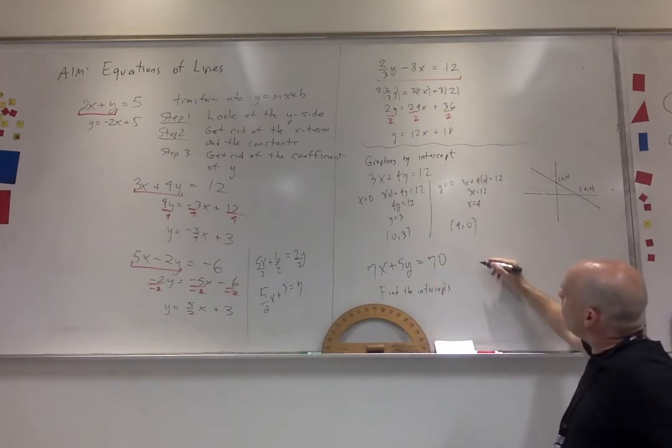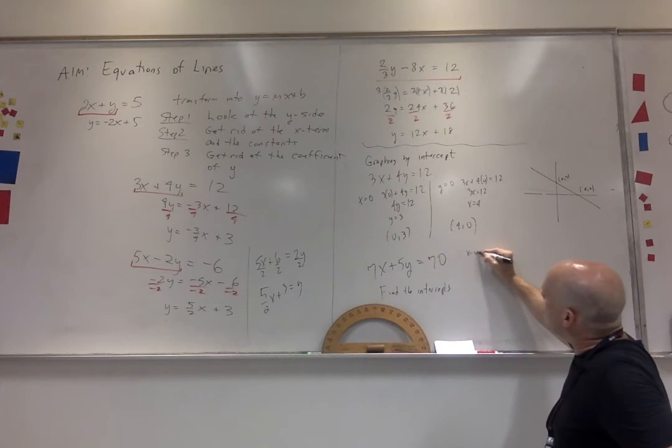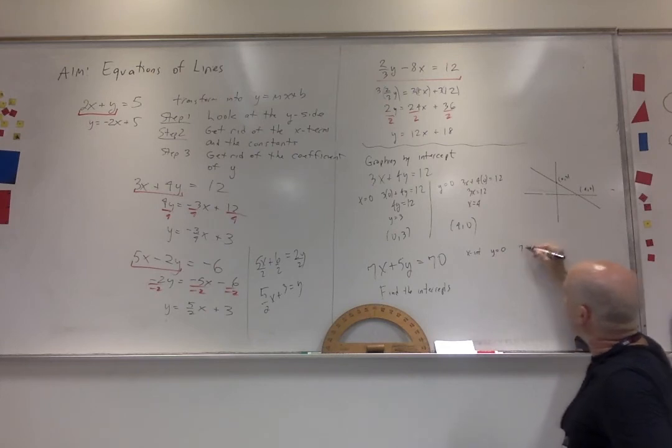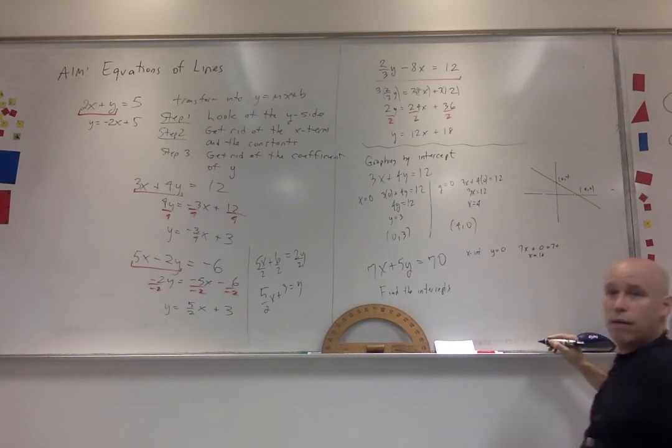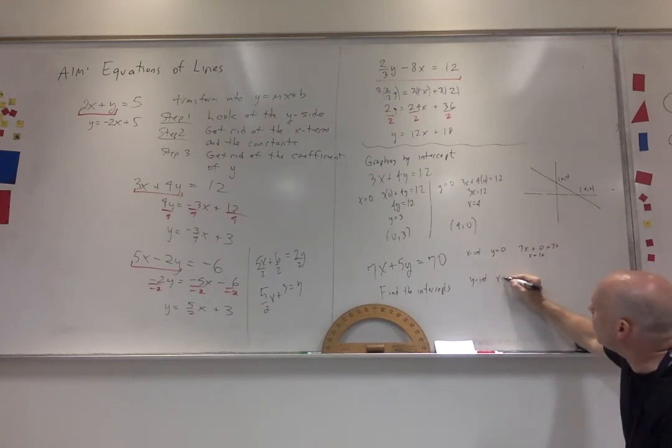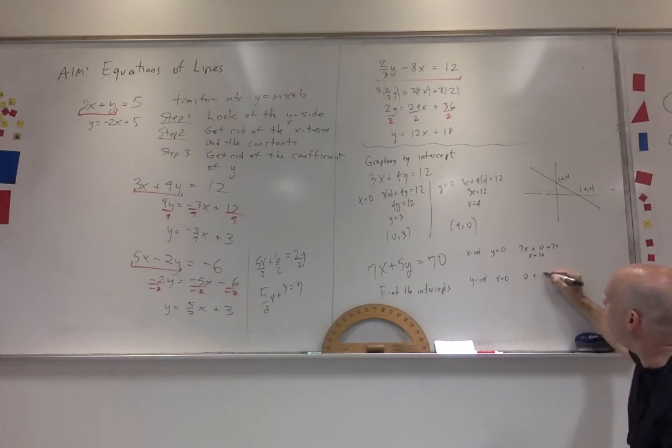So let's see, what's the x-intercept? The x-intercept is when y equals 0, right? So that's 7 times x plus 0 equals 70, x equals 10. What's the y-intercept? Well, we know the y-intercept is when x equals 0. So we have 0 plus 5y equals 70.